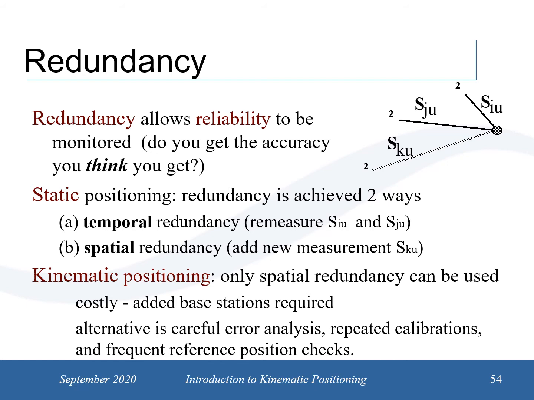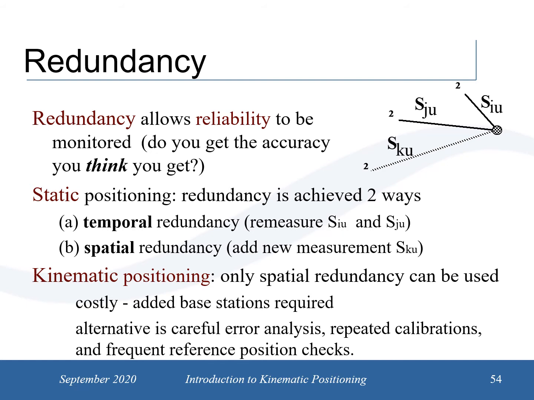So, for example, the temporal redundancy would be, say, we're measuring from A to B, and this measurement is repeated over and over again. Again, both points are stationary. And the spatial redundancy is we add a point C, now we measure from A to B and from C to B. In kinematic positioning, we don't have the luxury of temporal redundancy, only spatial redundancy.